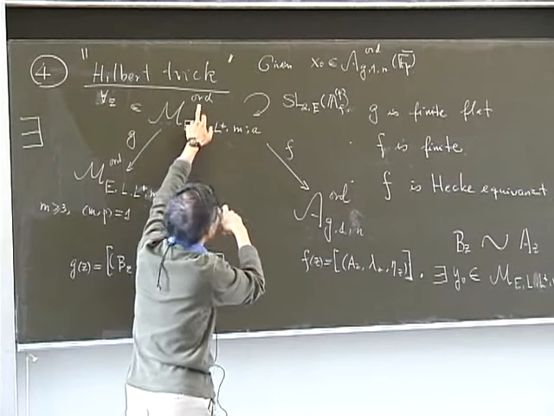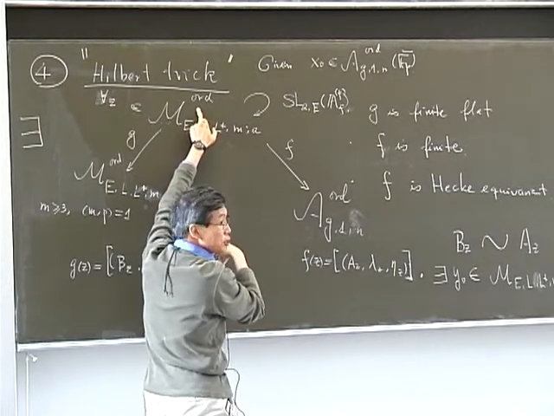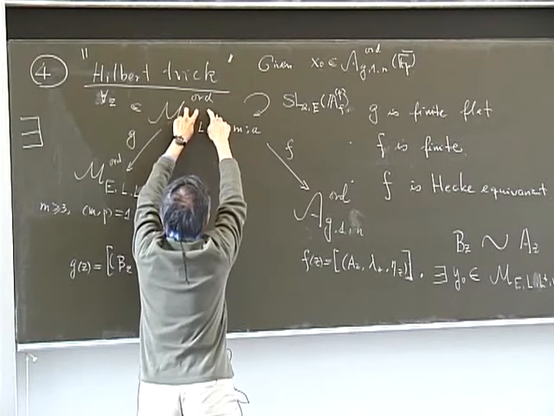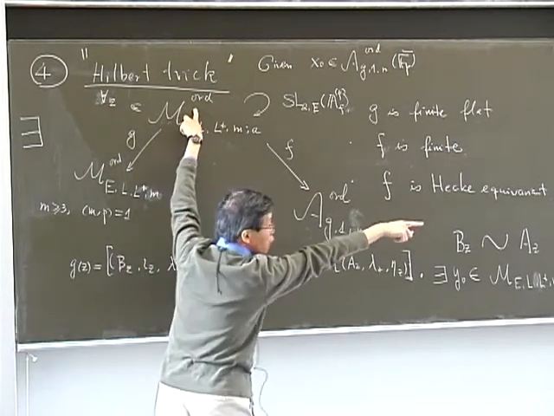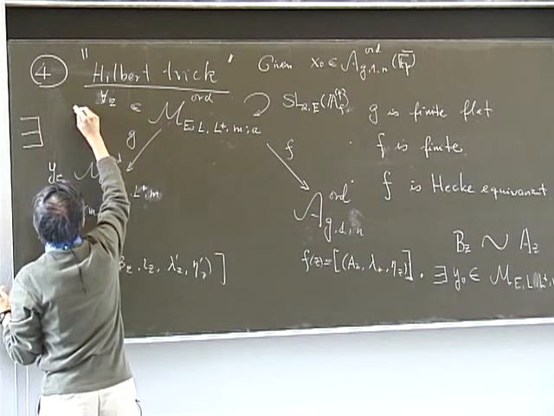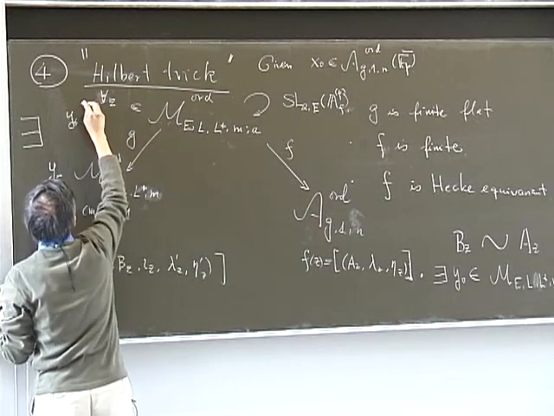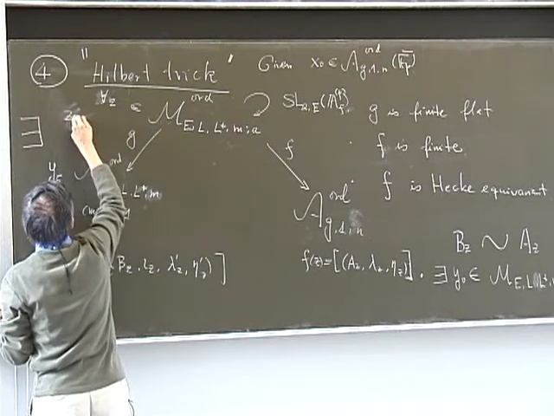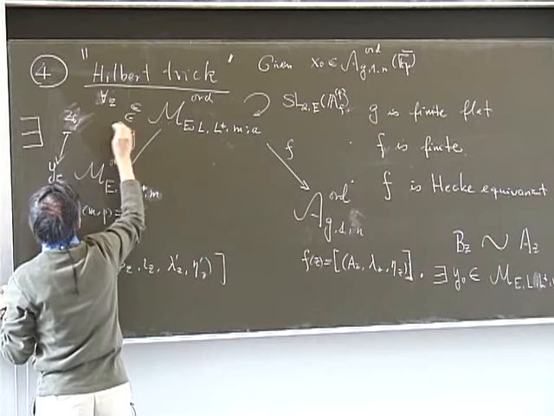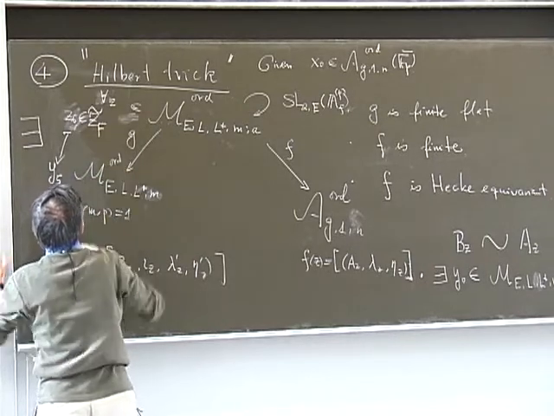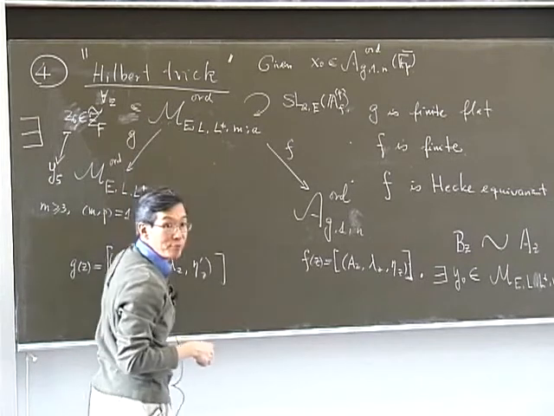So I can find something here which maps to the Zariski closure of the Hecke orbit here, which maps to the given point y5. And then here I have a y6, maybe z6, that lies above it, but z6 lies in the Zariski closure of the Hecke orbit above.